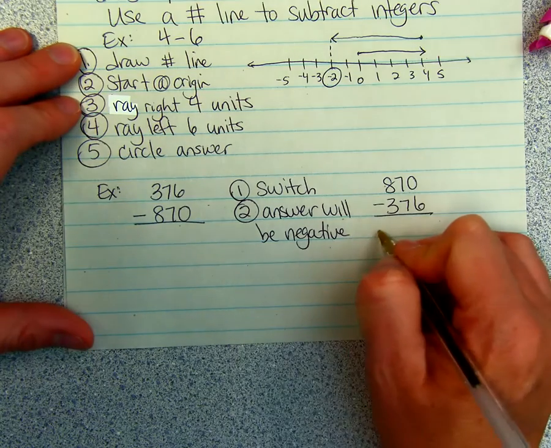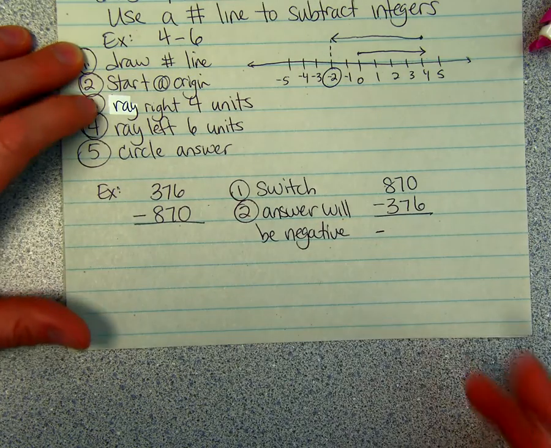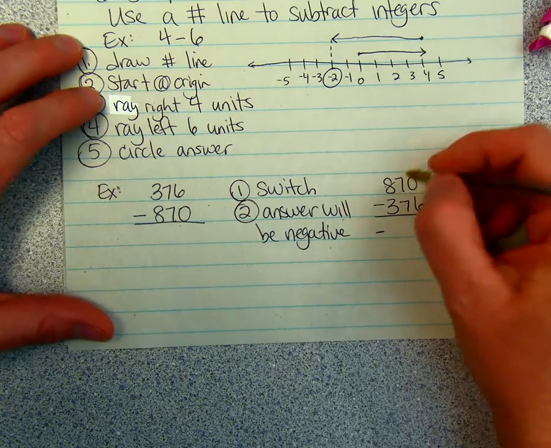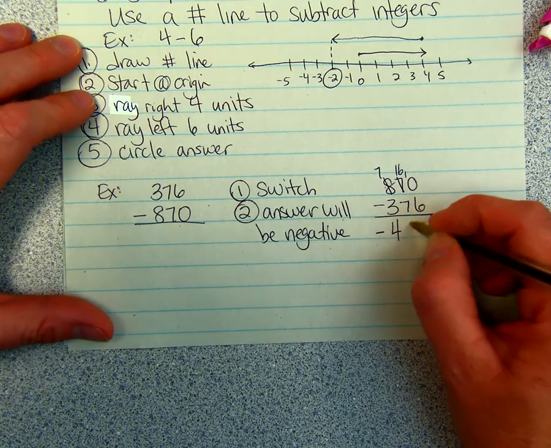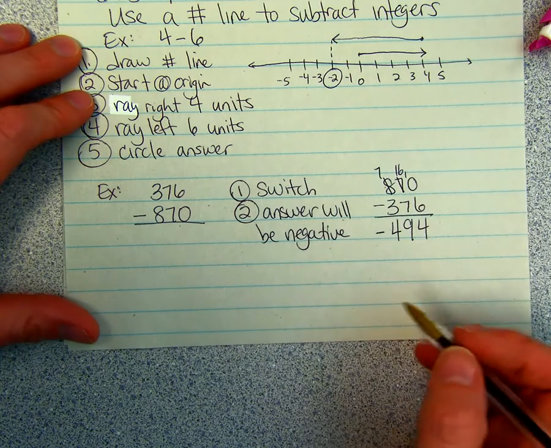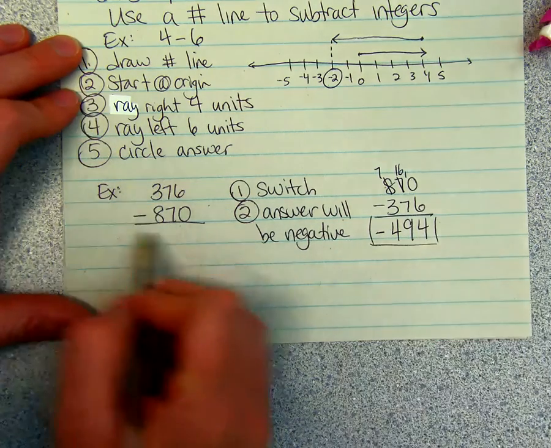So what I do is I just put my negative sign right there, so I don't forget that's going to be negative. So then we subtract the way we always subtract, and we get 494. And that would be the answer to this subtraction problem.